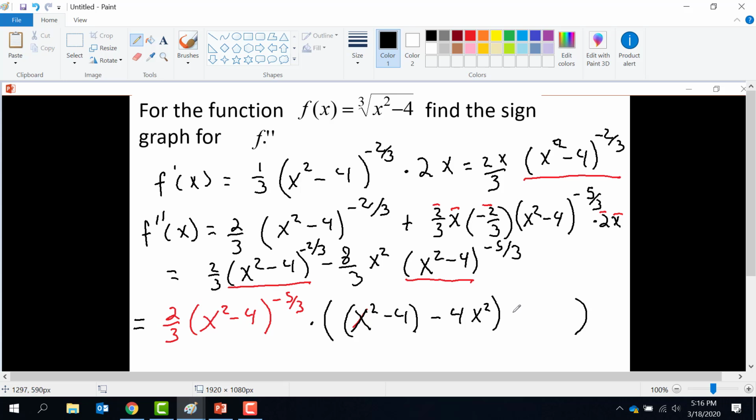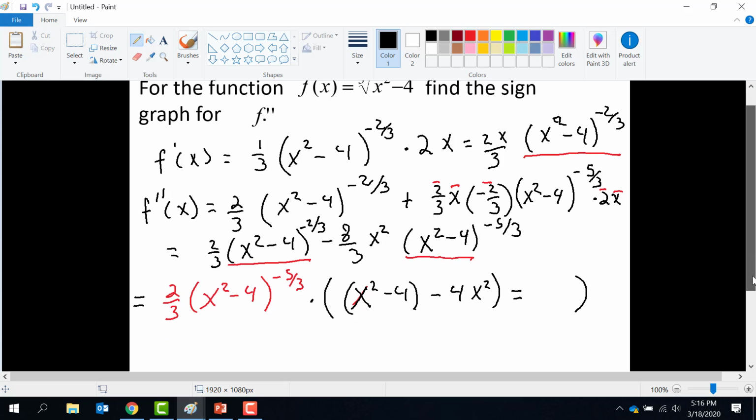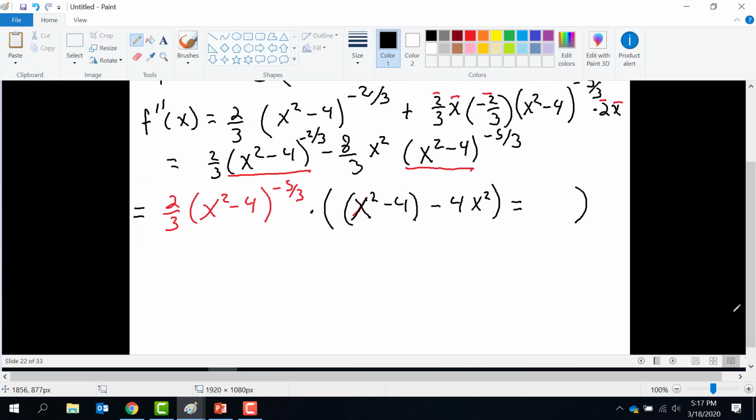And now we don't need this parenthesis here. Okay.